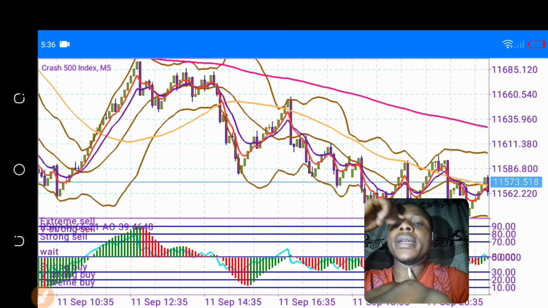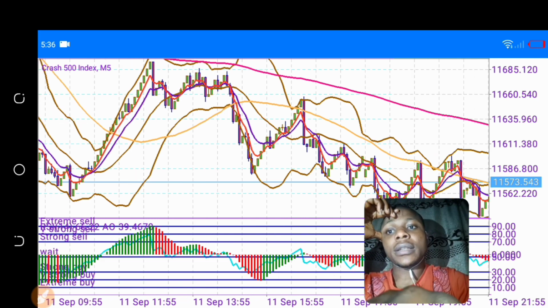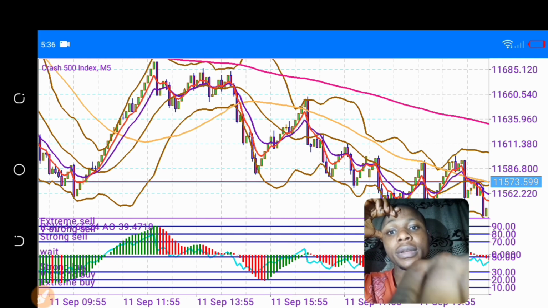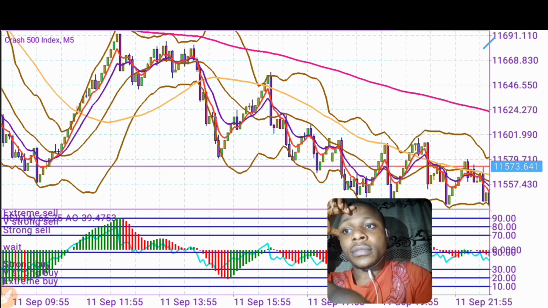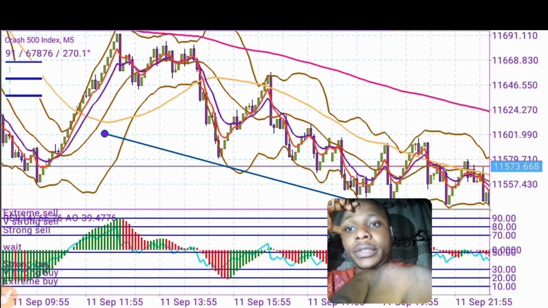So let's draw our trend line. Let's draw it from here. At least the swinging started from here. So let's draw the lower trend line.